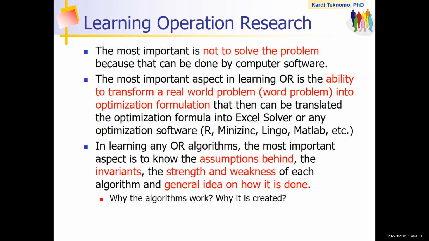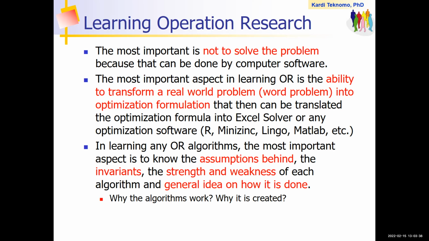After that, you can input this formulation into Excel Solver or any optimization software, for example R, Python, Minisync, Lingo, and so on. In learning any OR algorithm, the most important aspect is to know the assumptions behind it. What is the invariance? I think last week we discussed invariance, right?